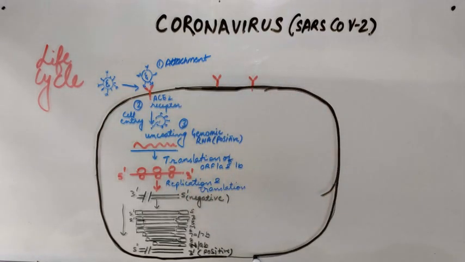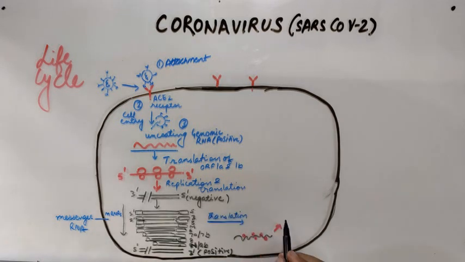Viral protein and genome RNA are assembled into virions in endoplasmic reticulum, Golgi apparatus, and then transported via vesicles and released out of the cell. Now, the mRNAs are formed and they are translated by host ribosome into structural and accessory proteins.